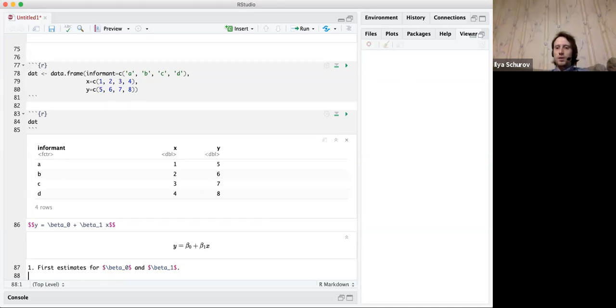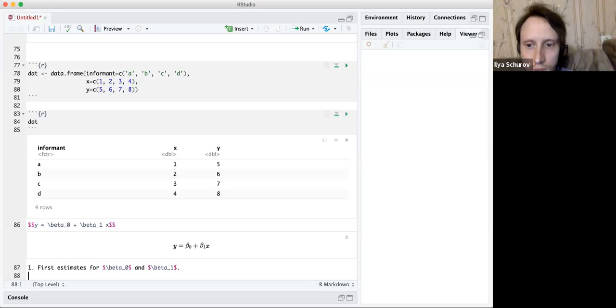This is just a simple linear regression, so you can use just lm, linear model. Probably you can just guess beta naught and beta 1 by looking at the numbers.